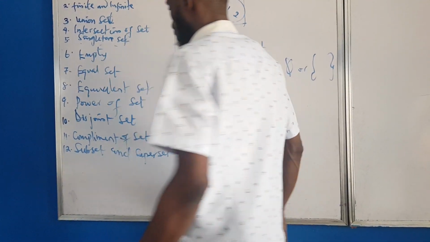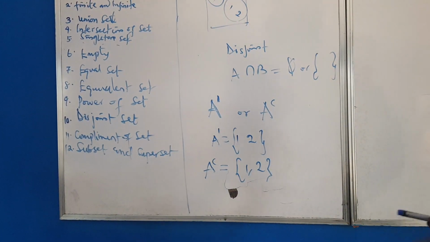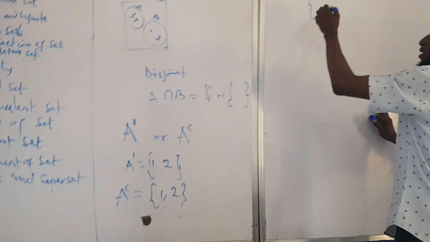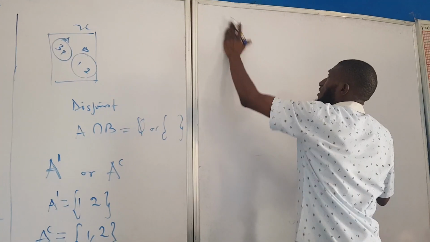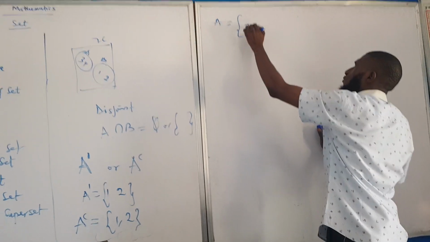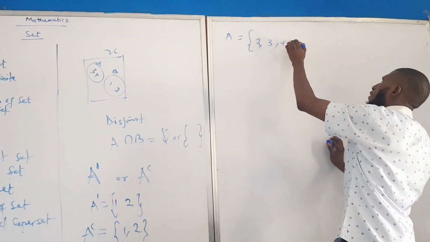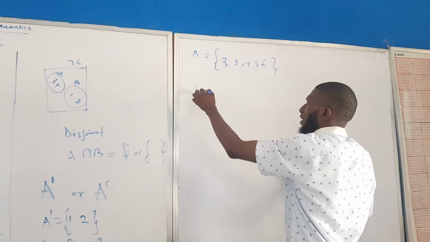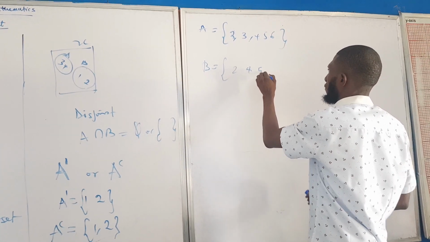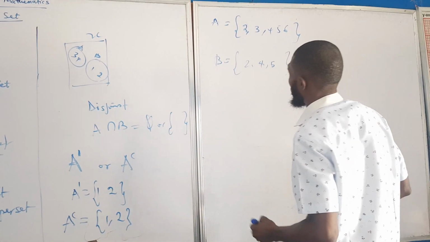Then we have superset and subset. These are sets that we can get from every other set. Let's say this is set A, we have 2, 3, 4, 5, 6, and we have set B given as 2, 4, and 5, like this.